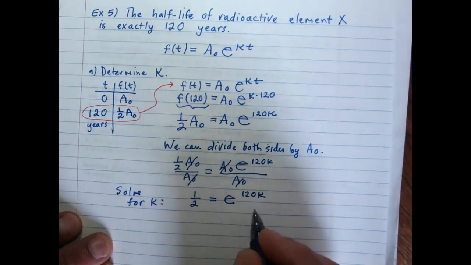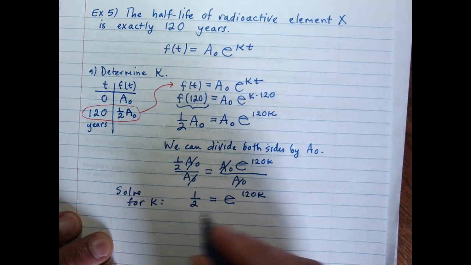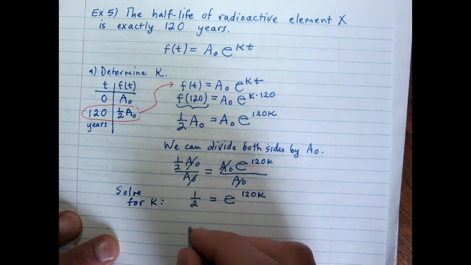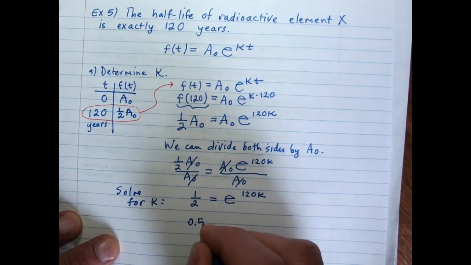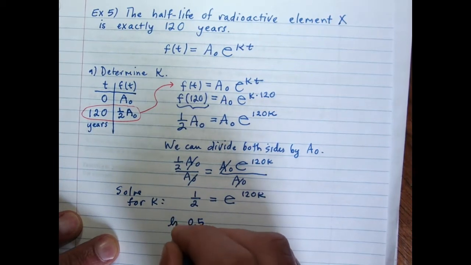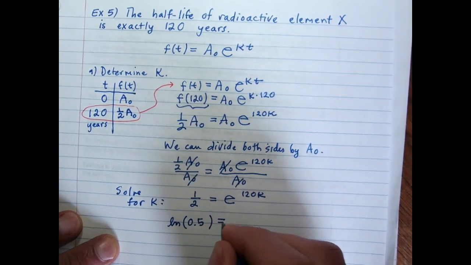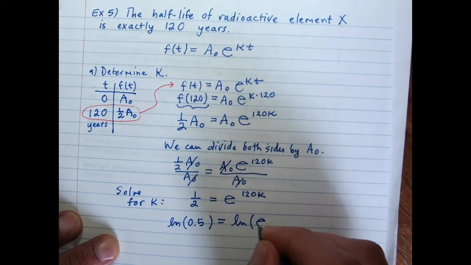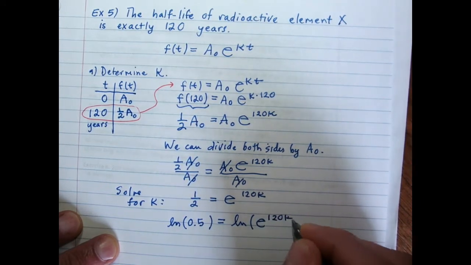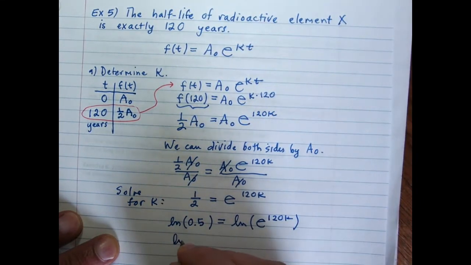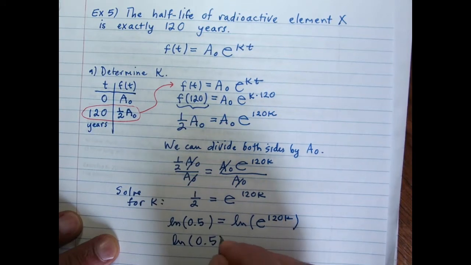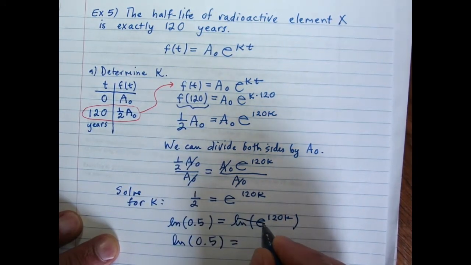Now, here we go again with our process. I'm going to rewrite that 1/2 as 0.5 and take ln of both sides. So ln of 0.5 equals ln of e to the 120k. ln e cancels.